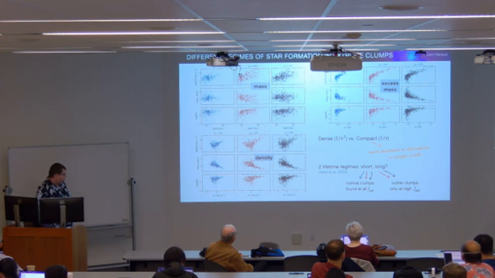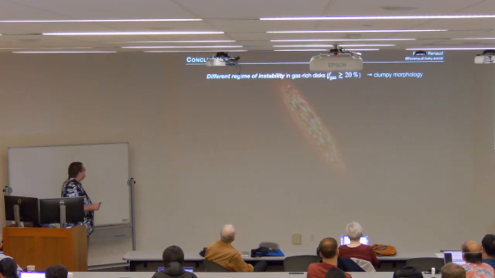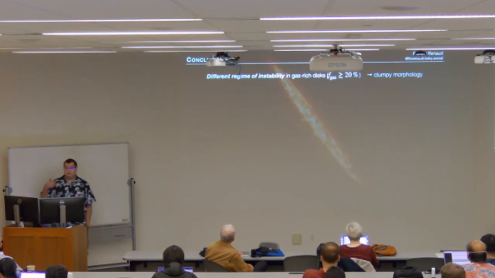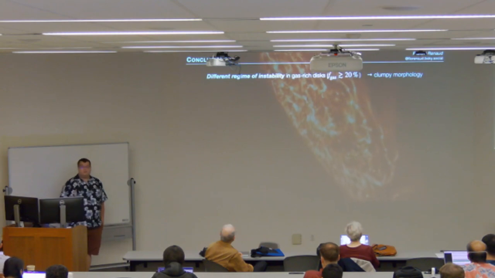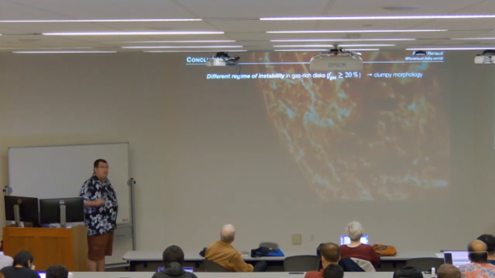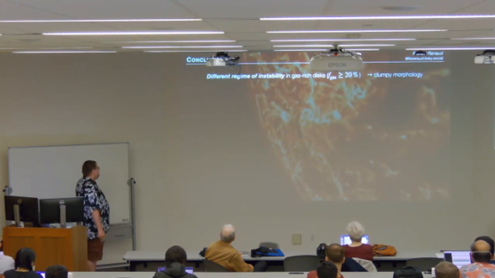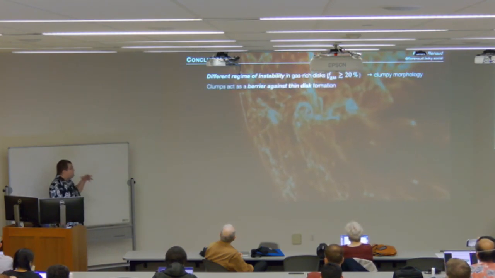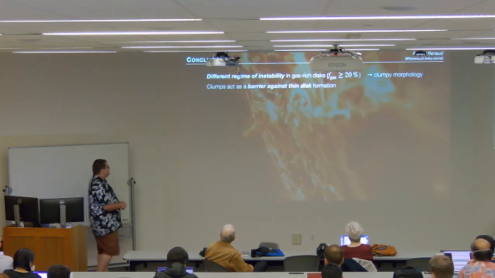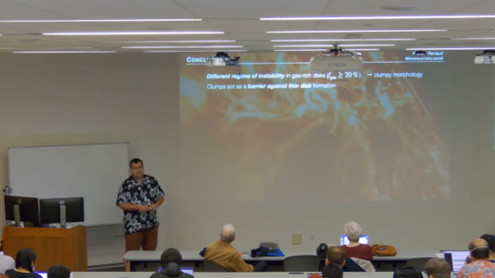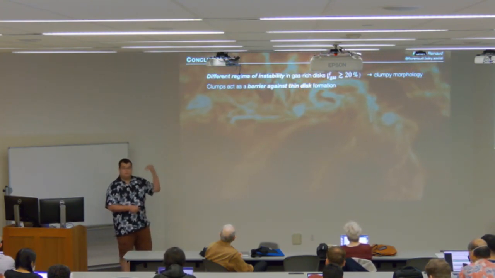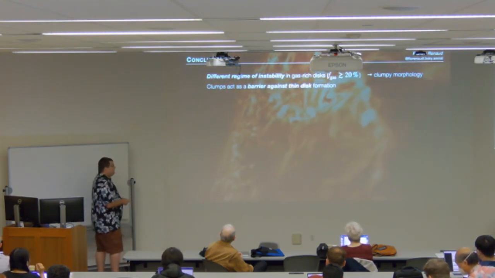So to conclude, what I've said today is that we have different regimes of instabilities in gas-rich disks, so basically above 20%, that explain the clumpy morphology. Clumps, because of this different regime, act as a barrier against the formation of thin disks. You need to burn your gas to form a thin disk.